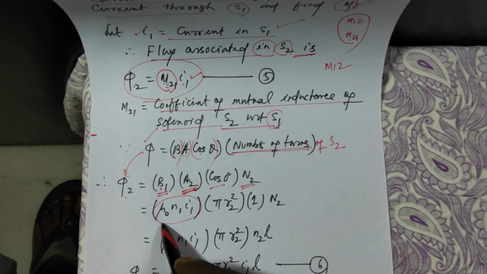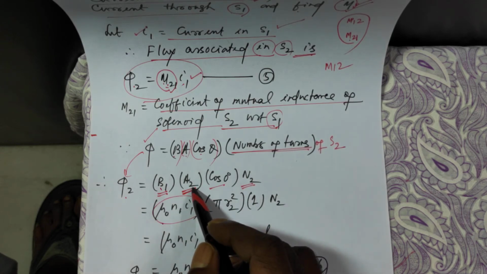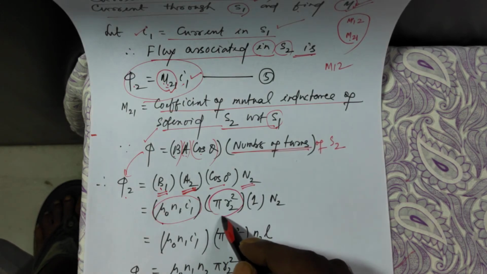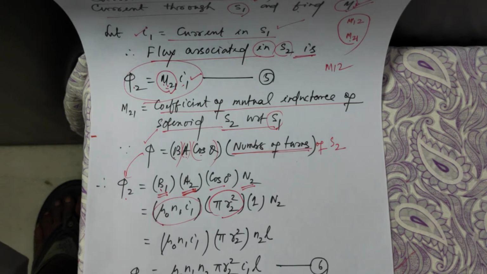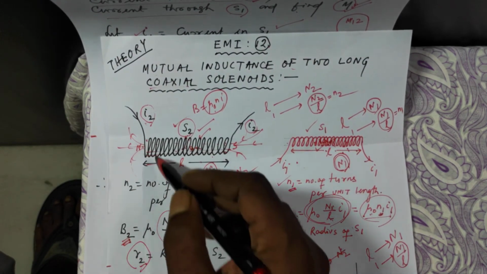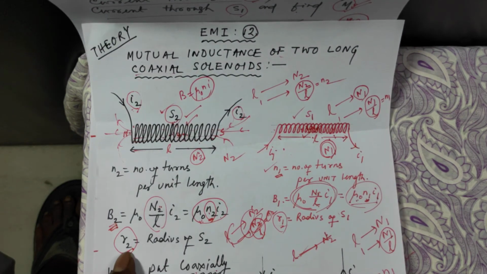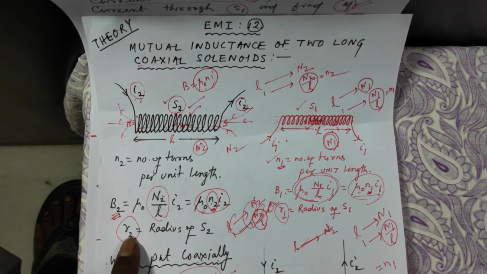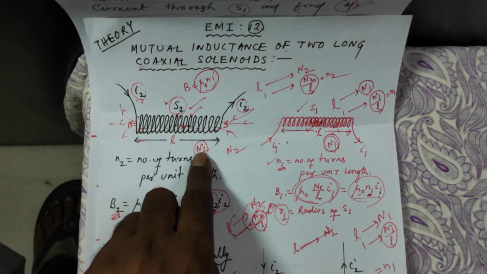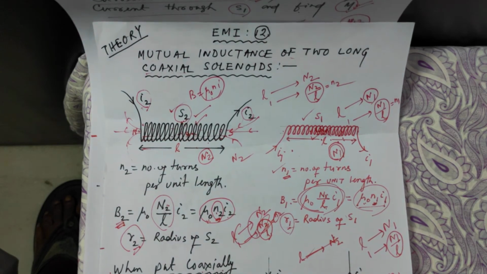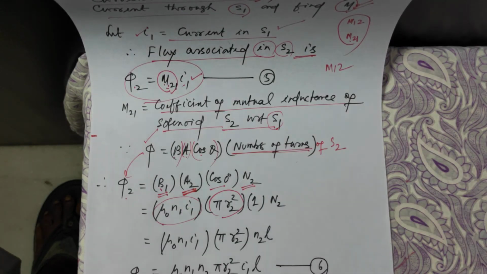The area of each turn of S2, the black one, is equal to pi R2 square, because for the black one I had taken the radius as R2. So each turn has radius R2, the area of each turn is pi R2 square, and there are N2 turns, so that will be multiplied by N2 to give the total flux.